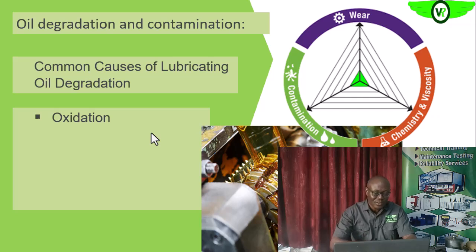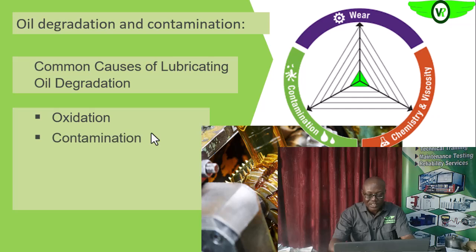So you see, oxidation is something that can affect the lubricating oil and thus the equipment. It is something that we really need to guard against, which means we need to be sure that we have an oil with the required antioxidant in the equipment.